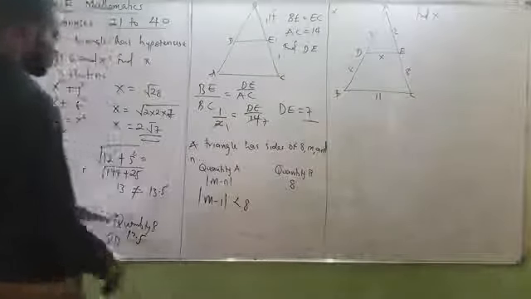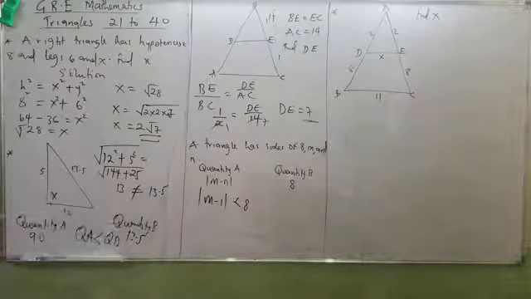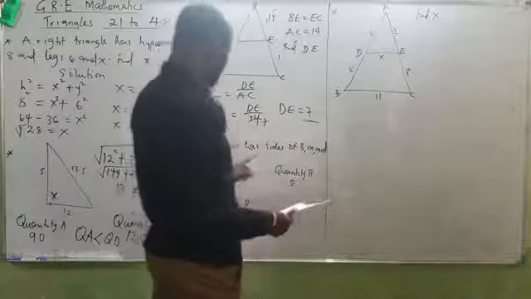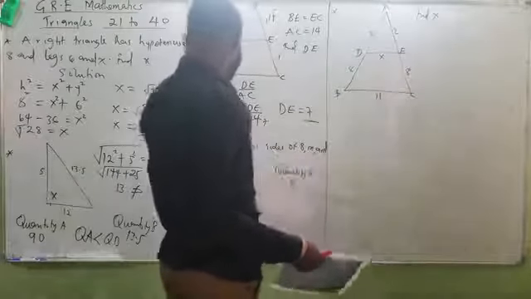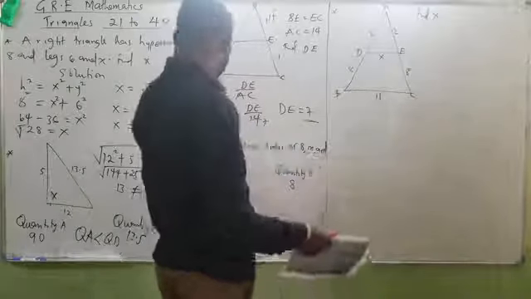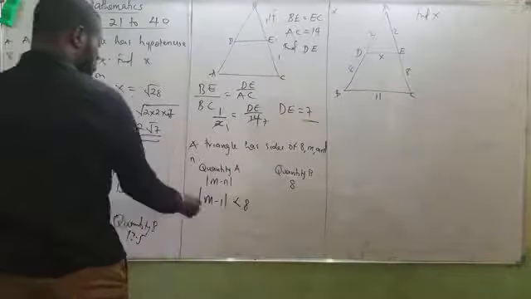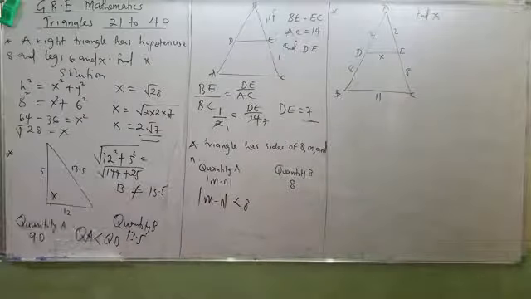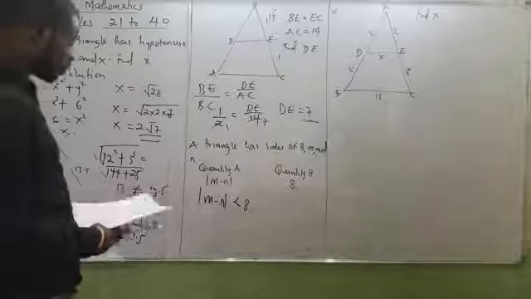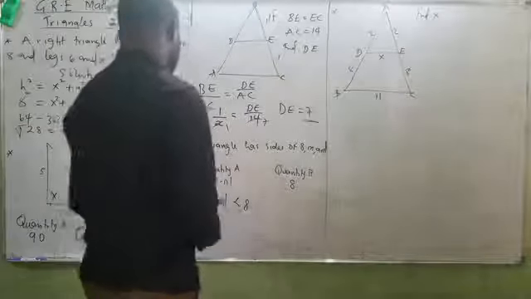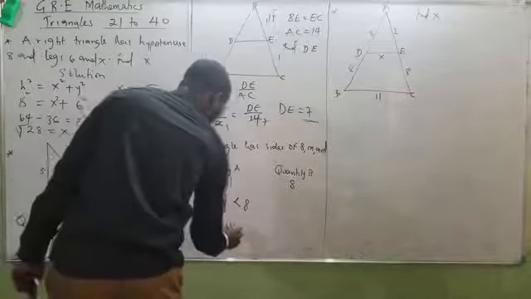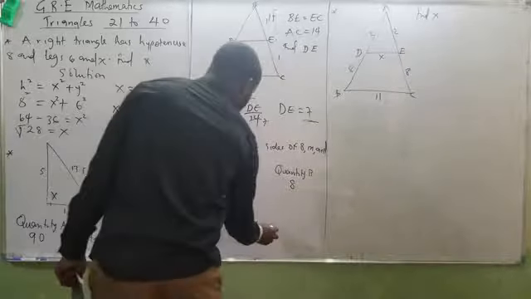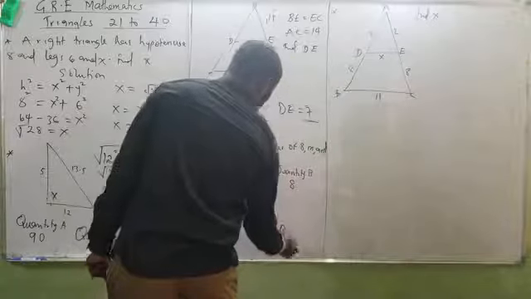That is very sure, because M and N are both sides of the triangle, and there's no way the difference will be greater than 8. And that is why the answer is less than. It means quantity A will be less than quantity B. That is the relation.